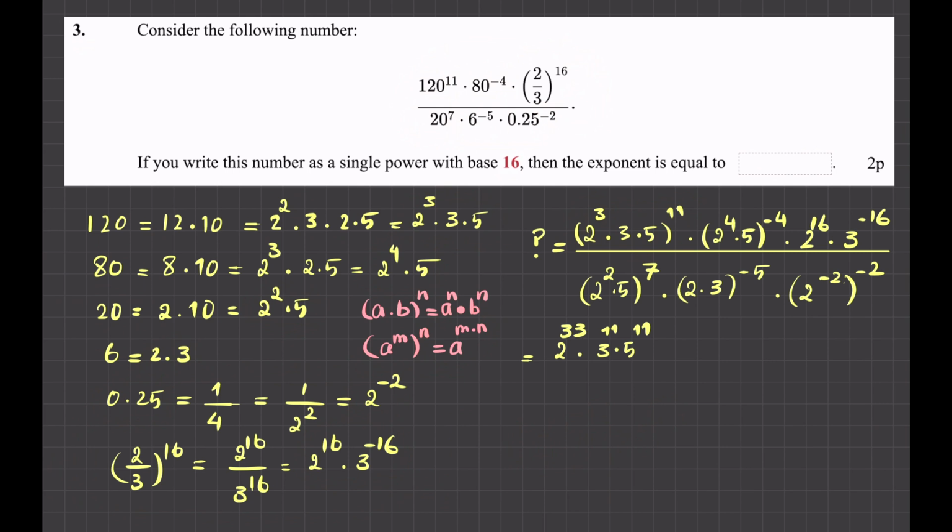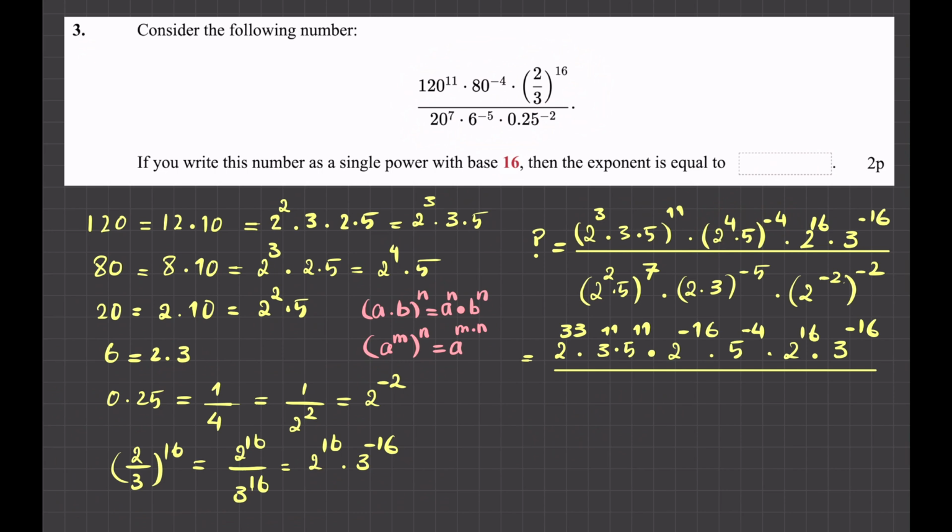The next ones I don't explain that much. Again, this one becomes 2 to the power of 4 times minus 4, which is 2 to the power of minus 16 multiplied by 5 to the power of minus 4, and then I copy and paste 2 to the power of 16, and then 3 to the power of minus 16, and then all over I will do the same thing for the denominator.